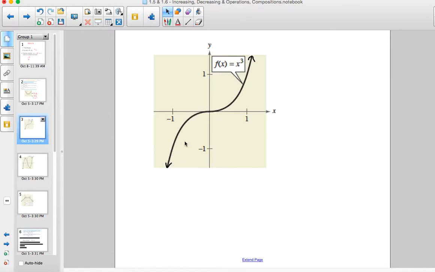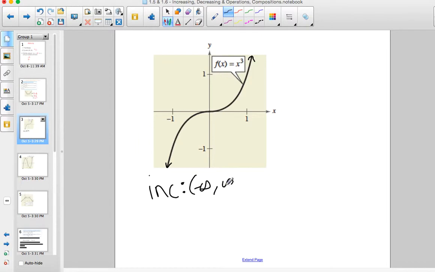So this is literally, we would say, increasing, and we would say negative infinity to infinity, right? The whole time it's increasing. So if you had to put decreasing, it doesn't exist. There's no decreasing intervals. The whole thing is increasing the whole time.